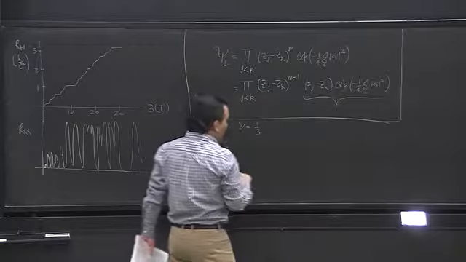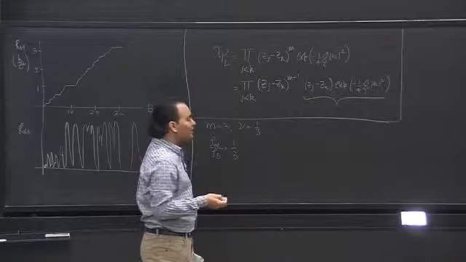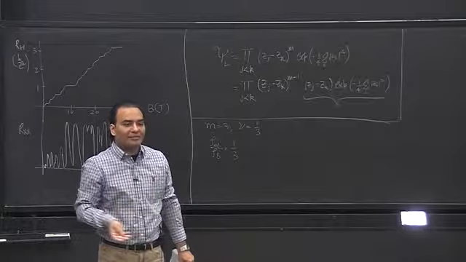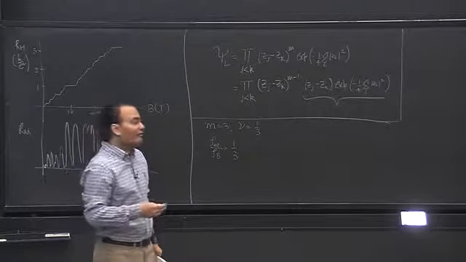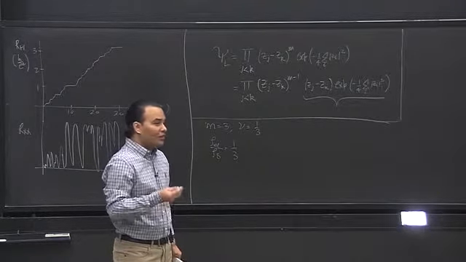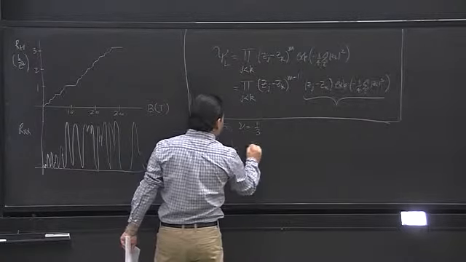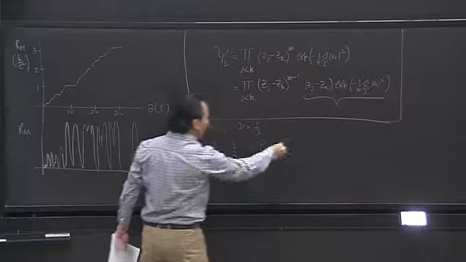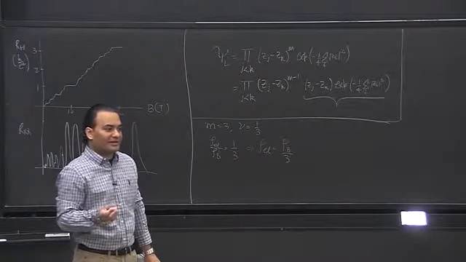What this means is that the number of electrons and the number of flux quanta in the magnetic field are not the same. That means you have more flux quanta than the number of electrons. In particular, the number of electrons is actually 1/3 of the number of flux quanta that are there.